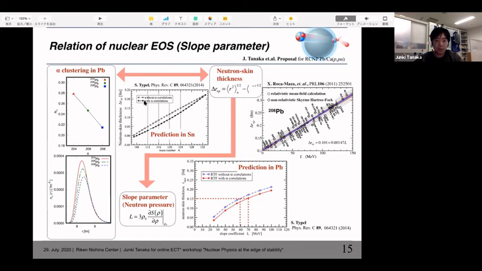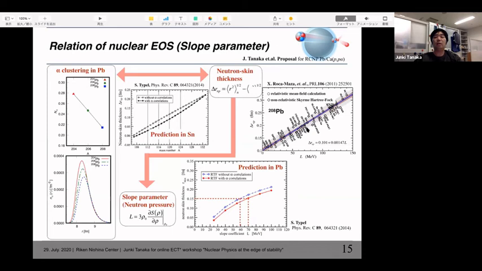I'm showing here, for example, the tin isotopes. For example, tin 120, this black is with alpha correlation, and this open circle is without alpha correlation. If we take the alpha correlation into consideration, then neutron skin thickness changes like this.